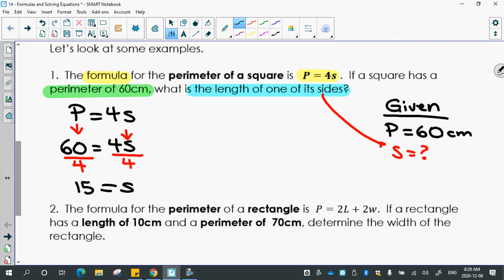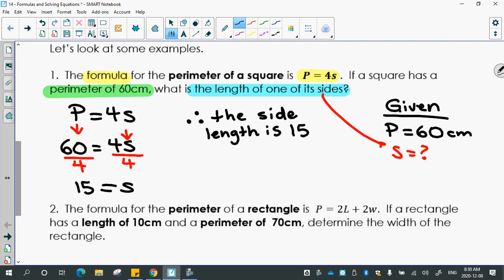But when we have a formula question, we always have to answer with a statement instead of just S equals. So we want to answer the question, what is the length of one of its sides? So use your little therefore dots. The side length is 15.